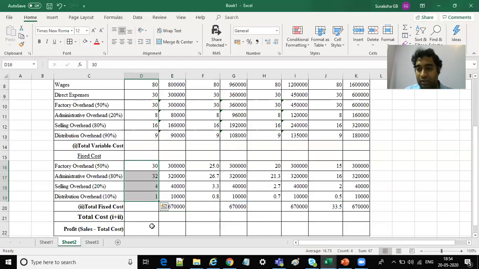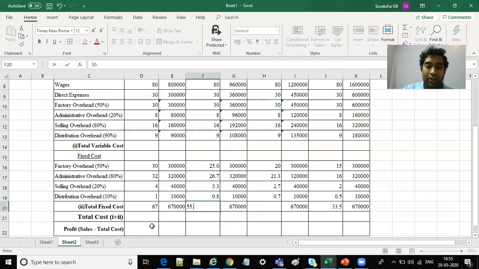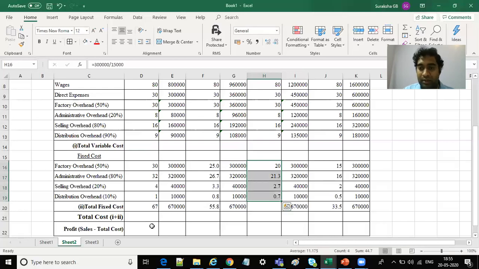So the first total will be 67. The fixed cost for the second one will be 55.8, for the third one it is 44.7, and for the last one it is 33.5. Now we are done with the calculation of the total fixed cost.